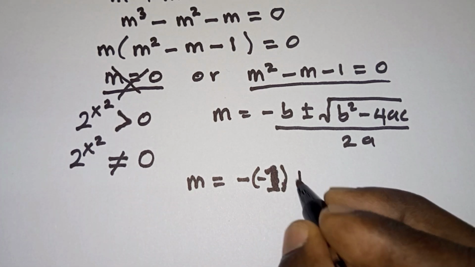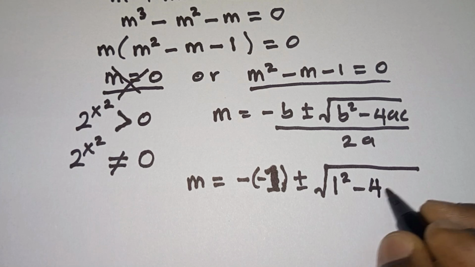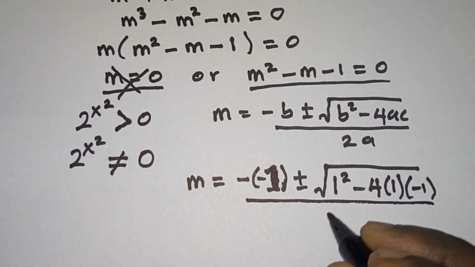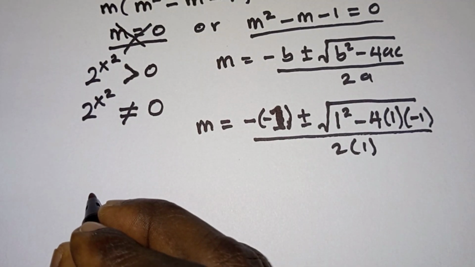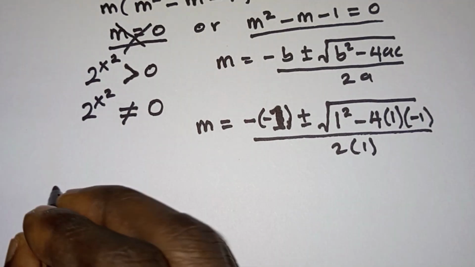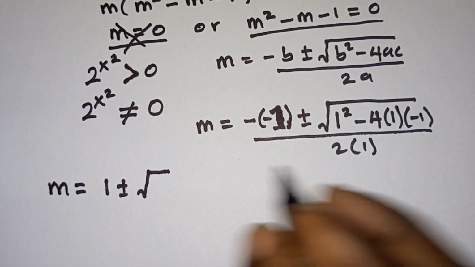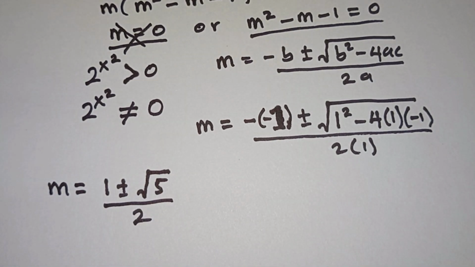It's supposed to be minus 1. Then plus or minus square root of 1 squared minus 4 times 1 times negative 1, divided by 2 times 1. And we can simplify this as m is equal to positive 1 plus or minus, if we simplify this whole thing, square root of 5 divided by 2.